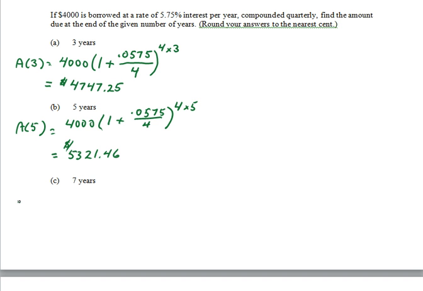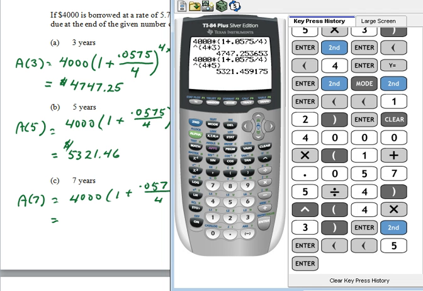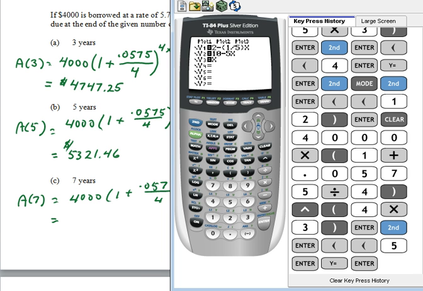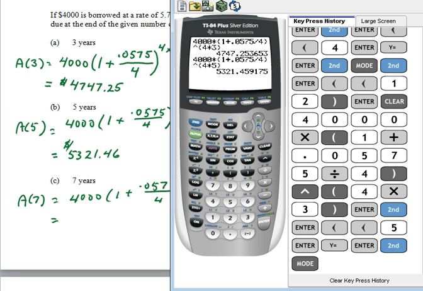And lastly, we'll do the amount after 7 years. Second enter. I'm sorry, I made the same mistake that I made earlier. I'm going to go second quit and do second enter.